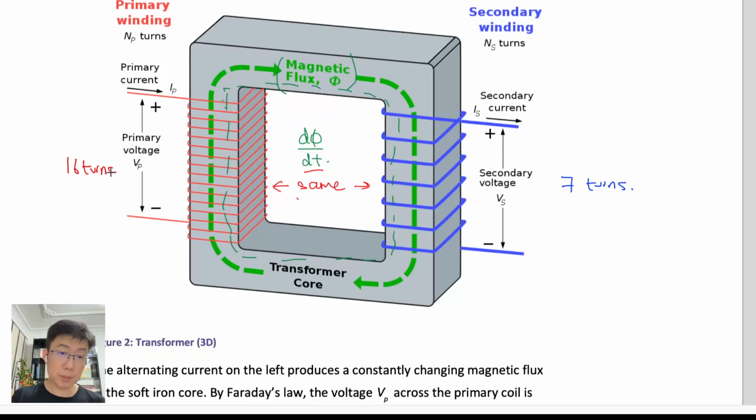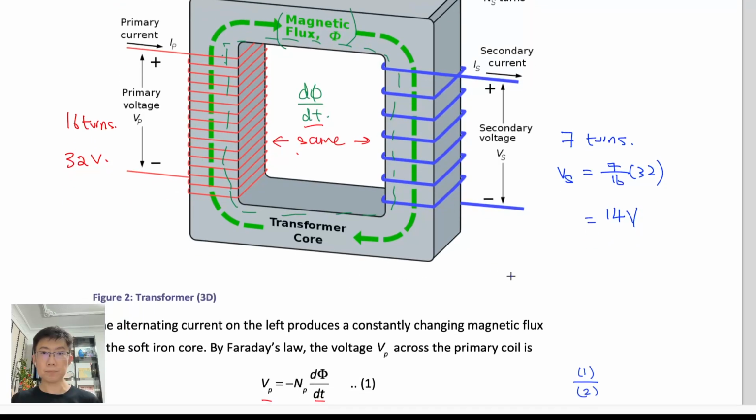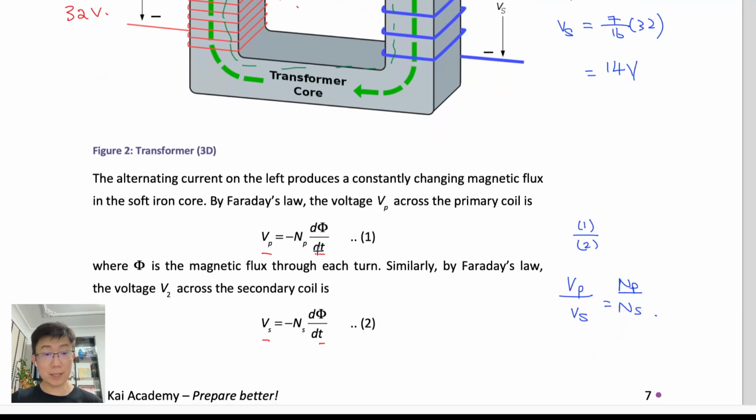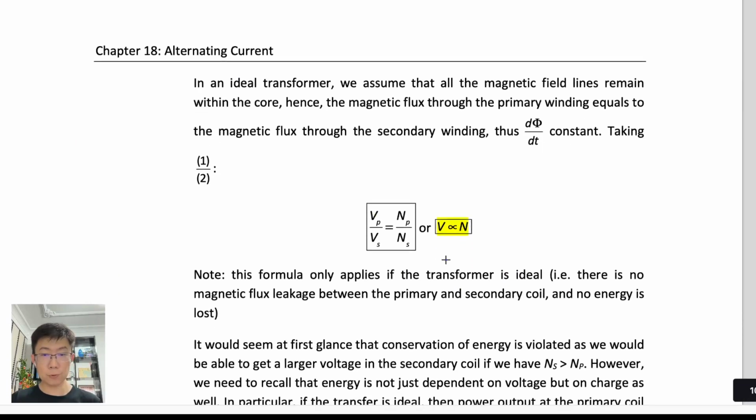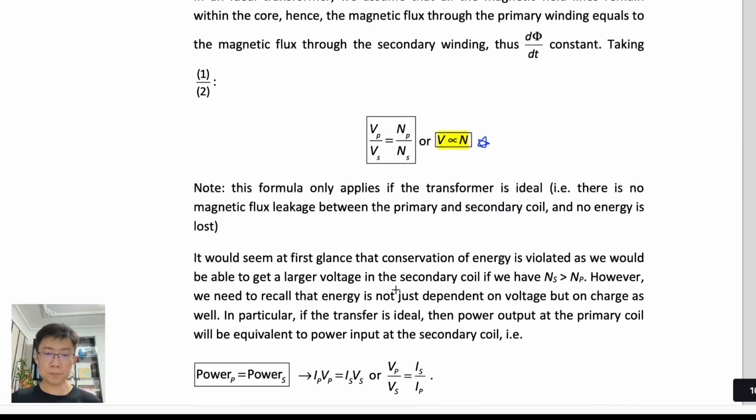Okay, so suppose I tell you that the primary voltage, let's say the RMS voltage, is 32 volts. So what this will then mean is that by proportion, the secondary voltage should be 7 over 16 times 32, giving us 14 volts. Okay, now that's the first rule that you need to recall.